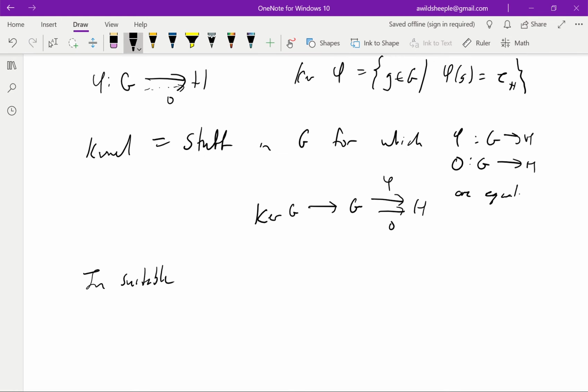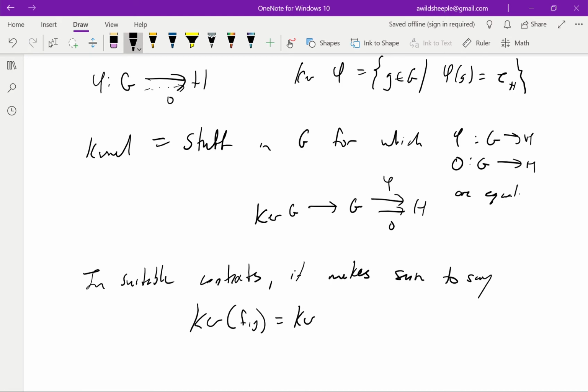So maybe I'll just say, in suitable contexts, it makes sense to say that the kernel of the pair f, g will just be the kernel of f minus g. And this has the same sort of effect, right? This will be the situation where the kernel of f minus g is 0. Well, when does that happen? That happens when f and g agree.